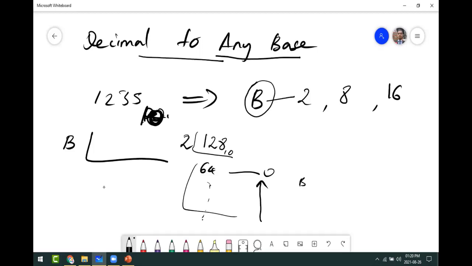If you want to convert to base 8, what you will do, you will divide by 8 instead of 2. If you want to convert to base 16, you will divide that number by base 16. So then from bottom to top we will take the number, right?